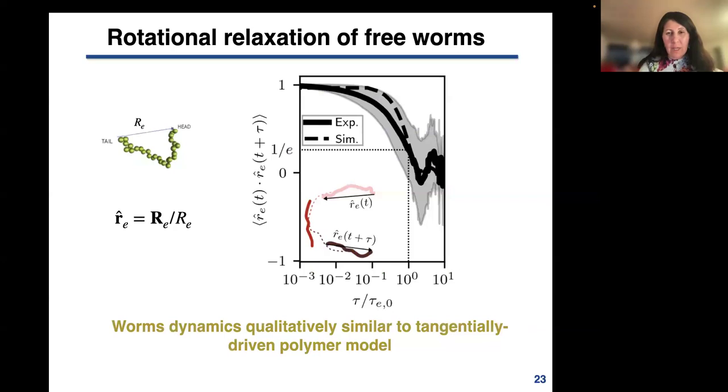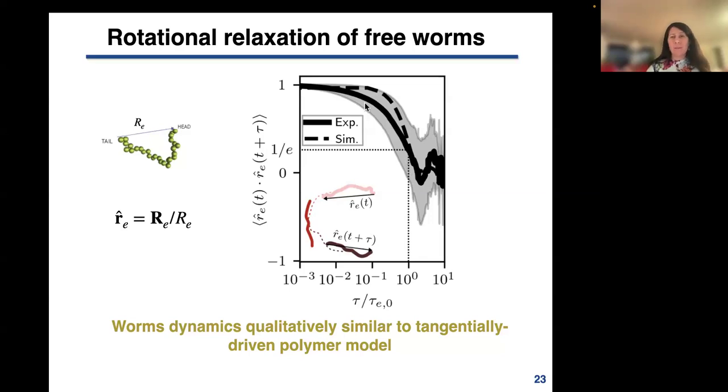And we wanted to see how good the tangentially driven polymer is for a description of worms. So one of the things we did, we looked at the end-to-end distance unit vector correlation function. And what we find is that, here, the solid line is the experiments in worms, and the dashed line is the simulations.